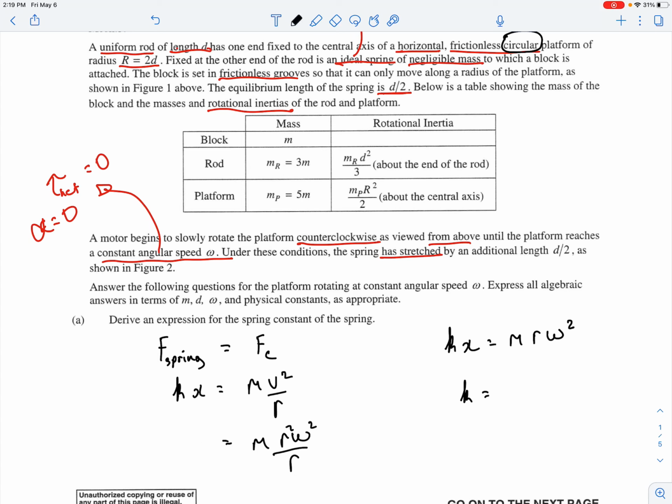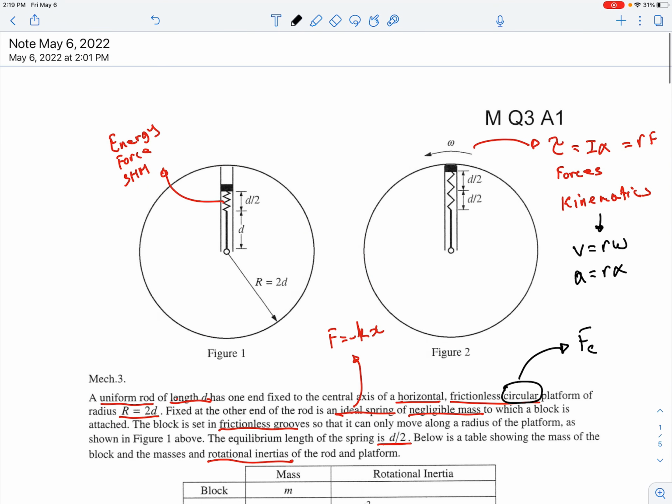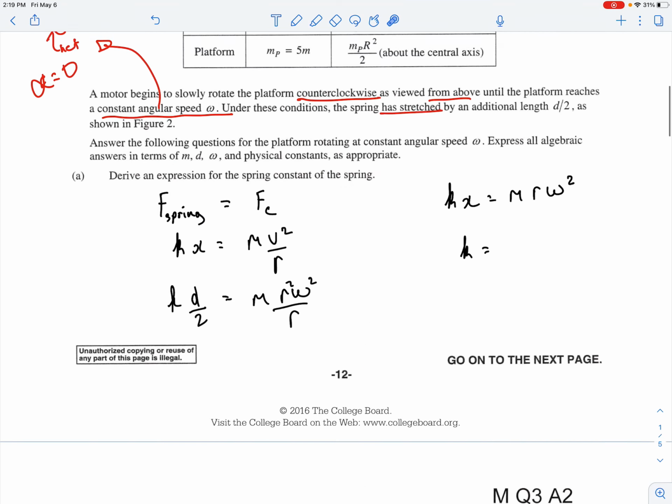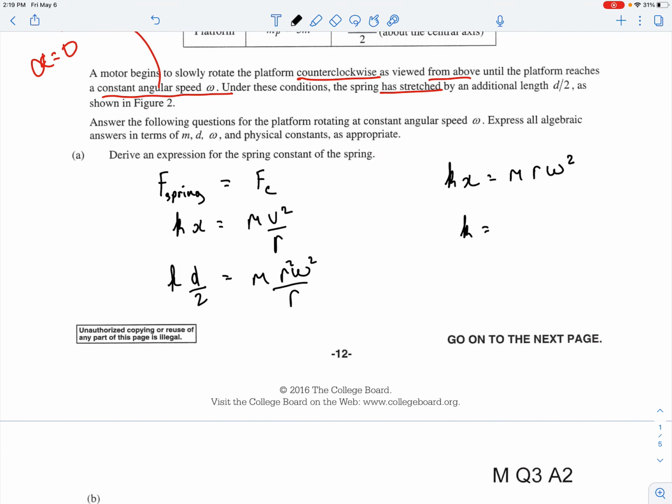This was the equilibrium length, and then it got stretched another d over 2. So let me erase this and put d over 2. Now I do a little bit of math magic, so that becomes 2 r omega squared over d. I think that's correct. Hopefully that's correct.